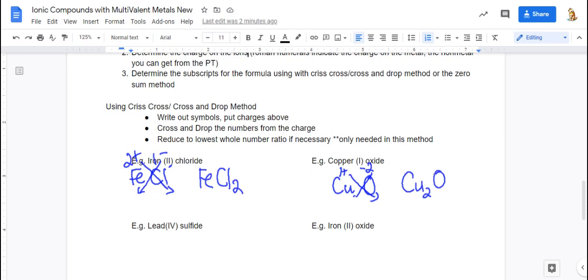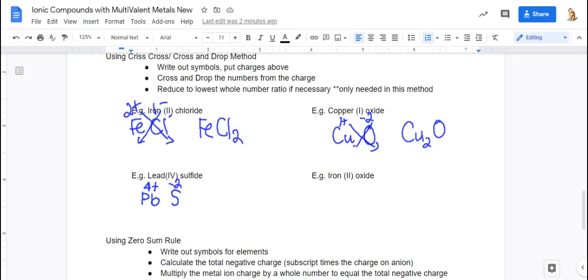Lead 4 sulfide. So Pb is lead, and it's 4 plus. Sulfur is 2 negative. So we're going to do cross and drop on those charges. So now we've got a Pb with a subscript 2 and an S with a subscript 4.